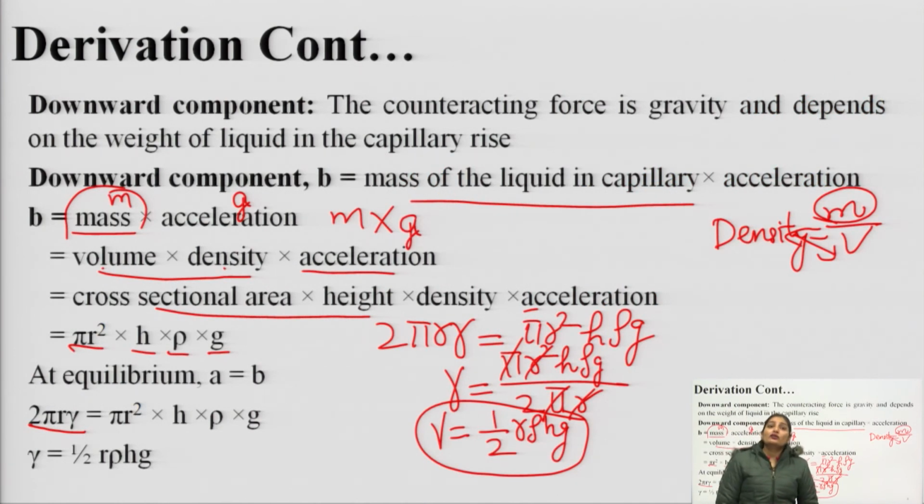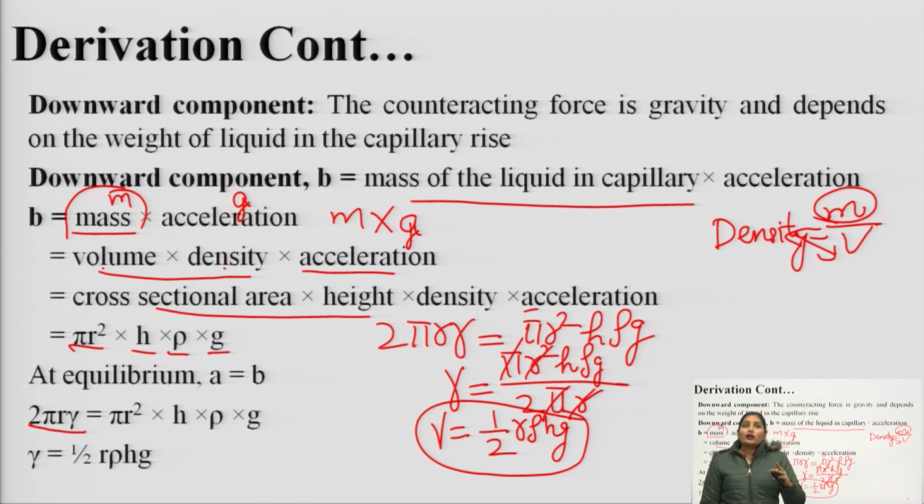Next is the downward component. The downward component balances the upward component. It is the counteracting force, applied due to gravity, and it depends upon the weight of the liquid that has already risen into the capillary tube.